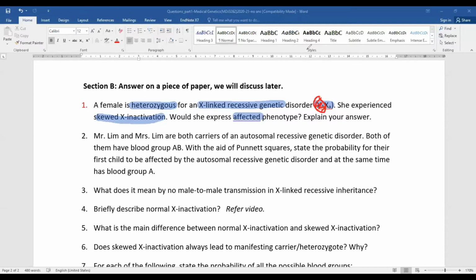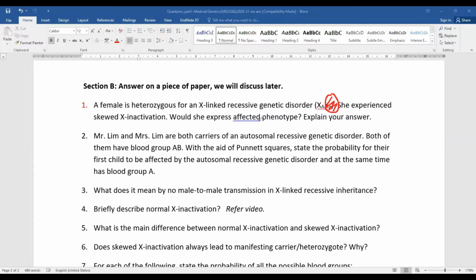But if on the other hand, the one that is being preferentially inactivated is this one, then at the end, most of her cells will have the paternal X active, which carries the normal allele. So she'll be okay, right? Because there's no mutant allele, so she will not show the affected phenotype.